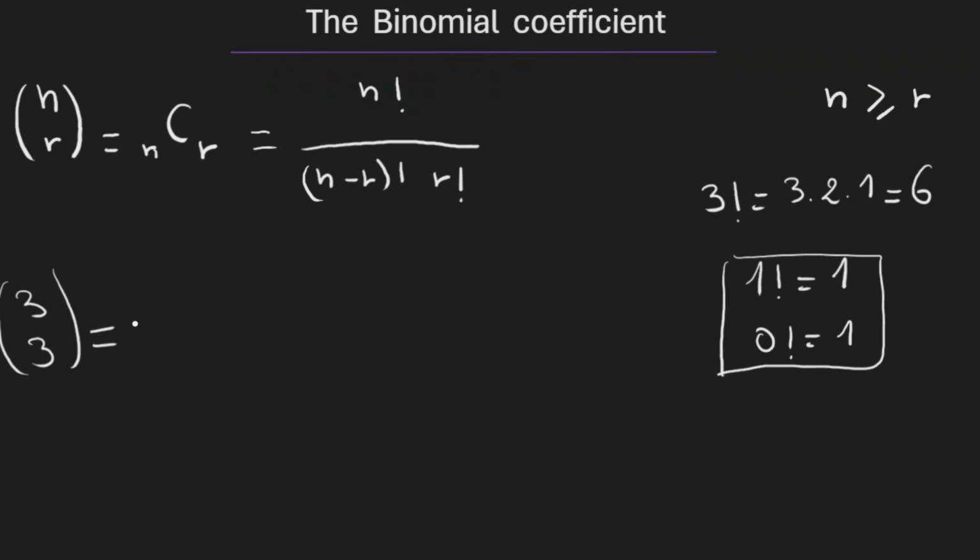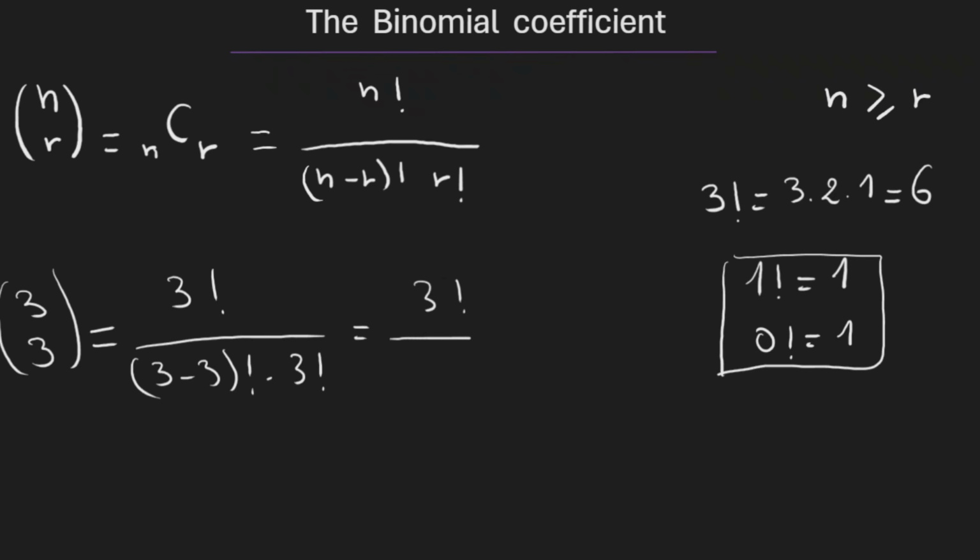So 3 above 3 here, if we apply the formula, we will have 3 factorial over 3 minus 3 factorial times 3 factorial. So 3 factorial over 3 minus 3 is 0 factorial times 3 factorial.